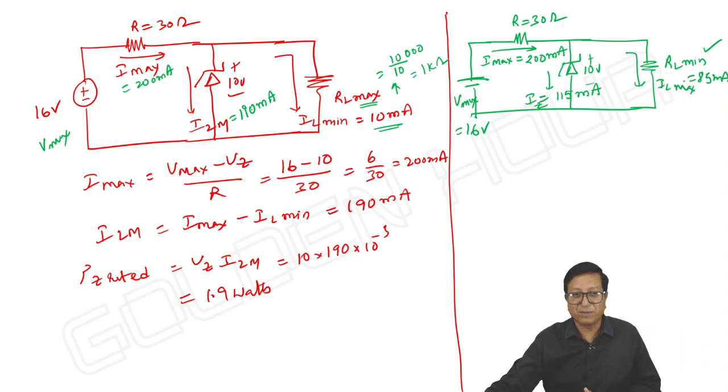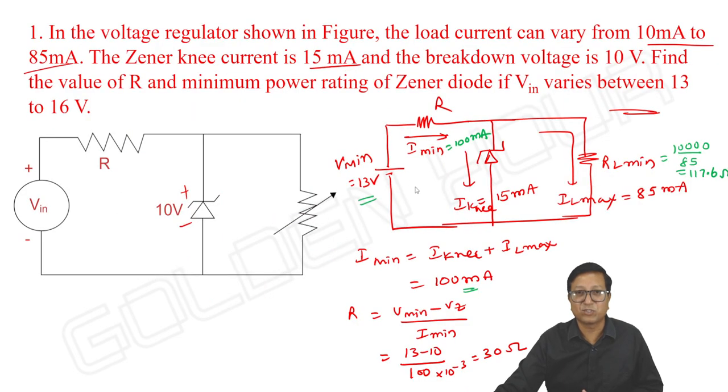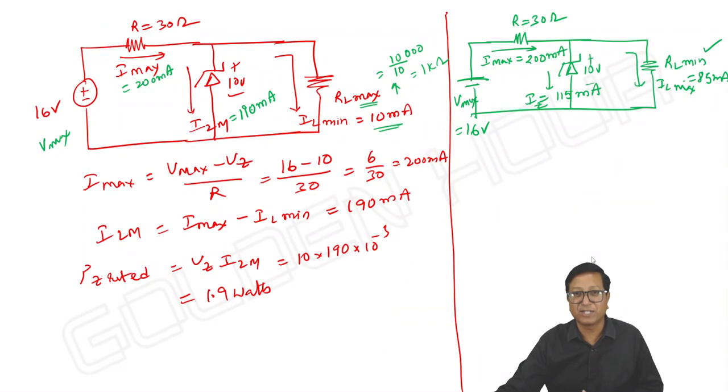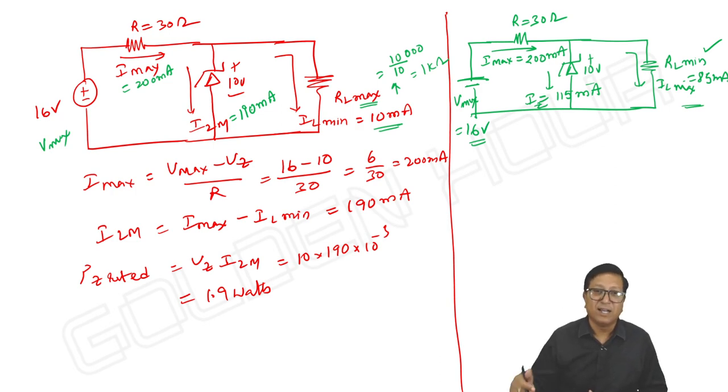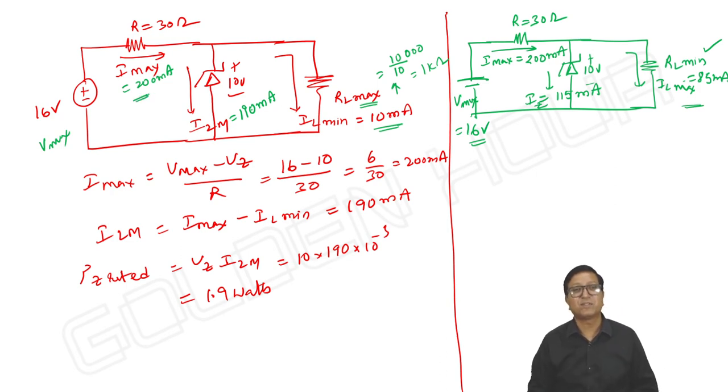Whenever you are changing the input from 13 to 16 volts, that time I is only changing but not your IL. Input is changing, but as RL is fixed, IL is fixed. Later, once you start varying RL, IL is changing, but that is not influencing your I. I remains there only.